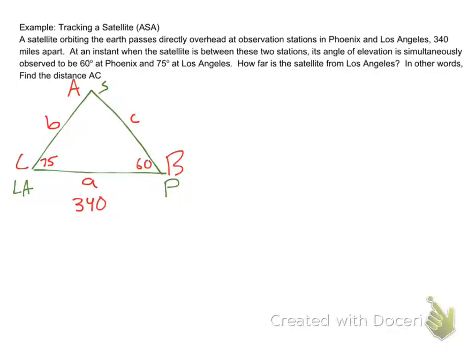That's the only information you were given, right? Can you find anything else? You can find angle A, or at the satellite, right? What would that happen to be? 45. Why is it 45? You add up all of them, they should equal 180, right?